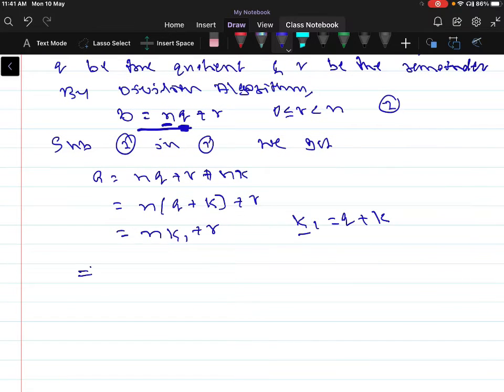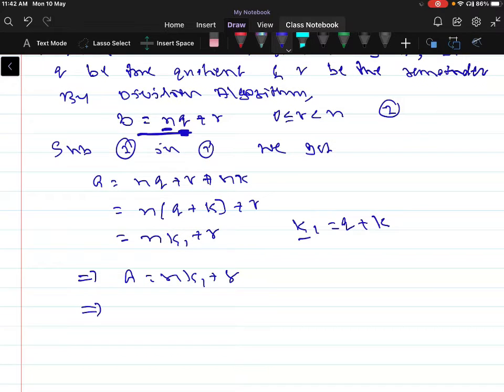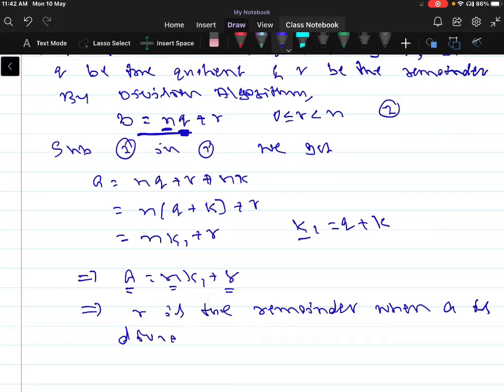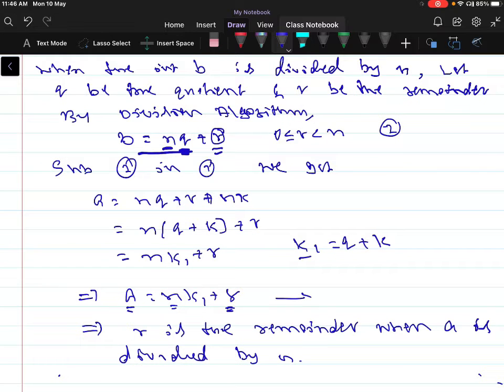So this implies a is equal to n into k1 plus r, so r is the remainder when the integer a is divided by n. Call this equation number 3.